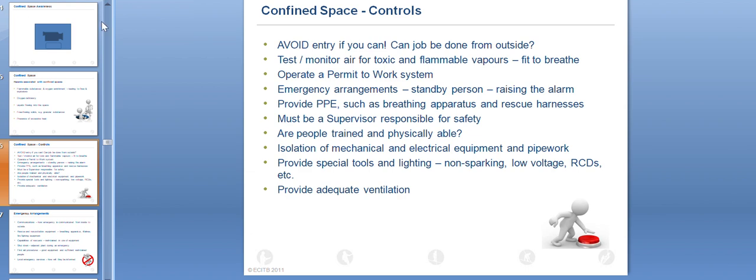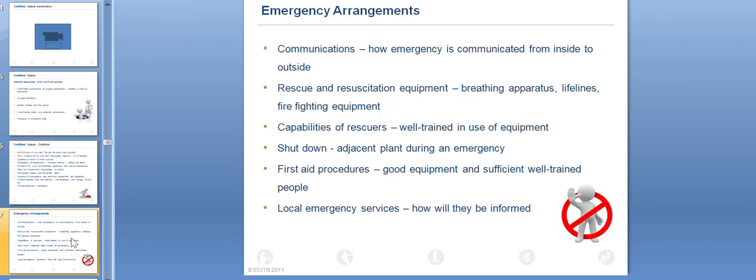Emergency for the confined space. Confined space emergency communication: how is the emergency communicated from inside to outside? Rescue and resuscitation equipment: breathing apparatus, lifeline, firefighting equipment.